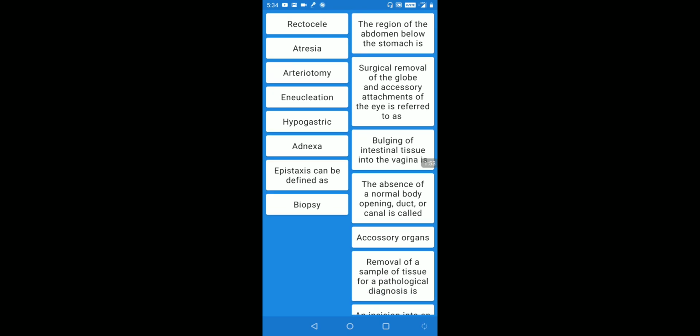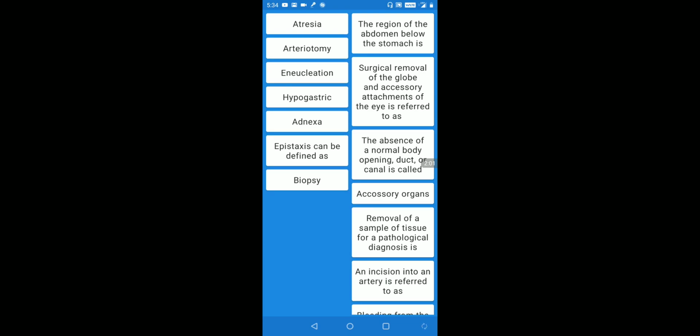The rectocele, I think this has to do with the vagina. Yeah, it does. I remember this one, the only way I remember it was because of the globe. Surgical removal of the globe and accessory attachments of the eye is referred to as enucleation.